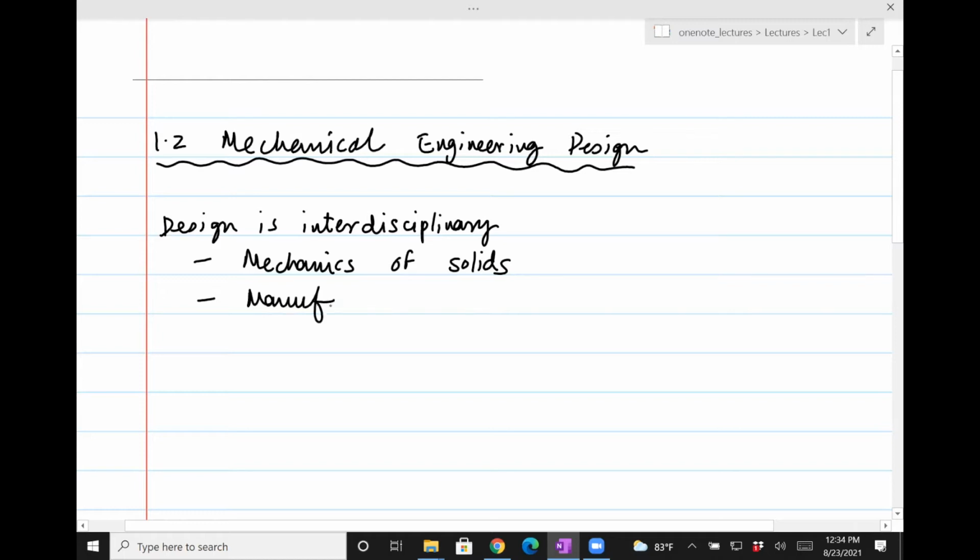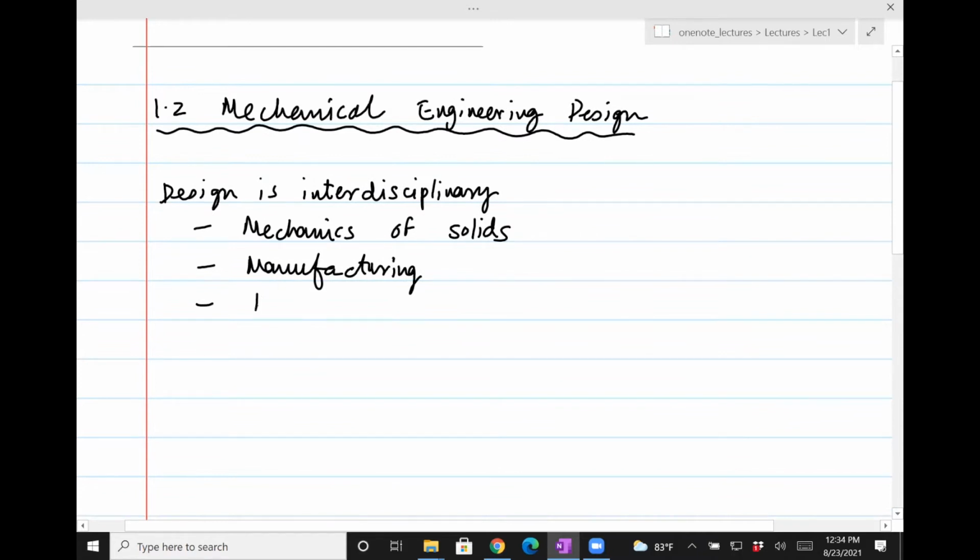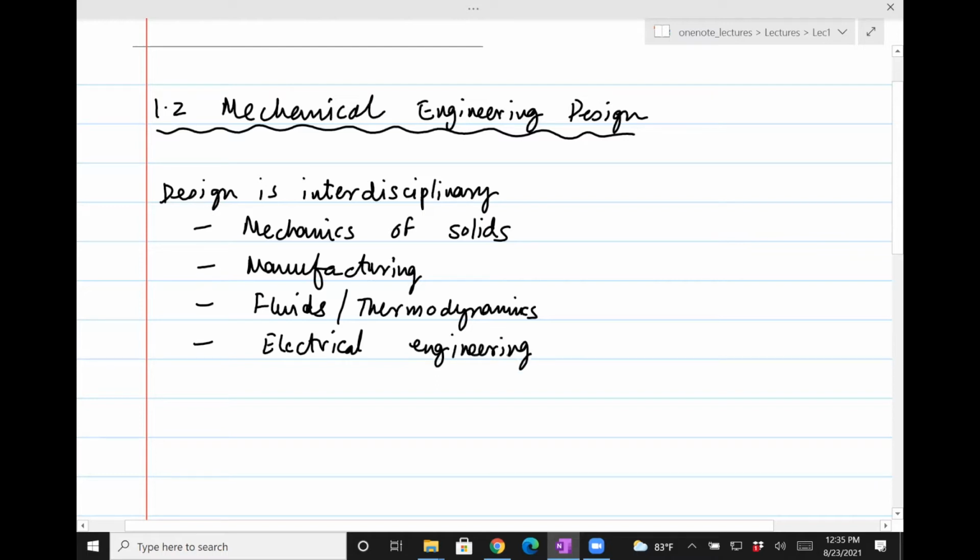Manufacturing. Fluids, including thermodynamics. Electrical engineering, that's because when you design things, you typically have a power source and there are electrons moving, right?